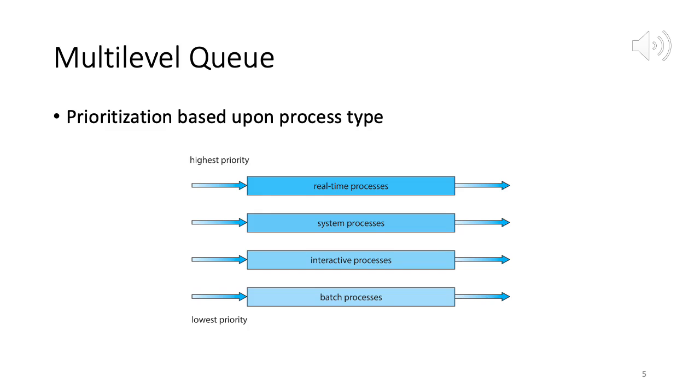Because we are giving more priority to the IO bound, we just discussed that. So we execute batch processes only when the interactive process queue, the system process queue and the real-time process queue are all empty. So you can go many ways. It gives you a lot of flexibility. You can have separate algorithms for each queue or the same algorithm for all the queues in some manner. A lot of flexibility. Okay.